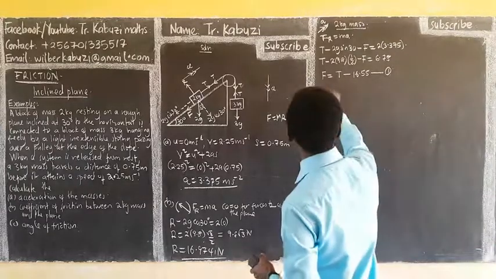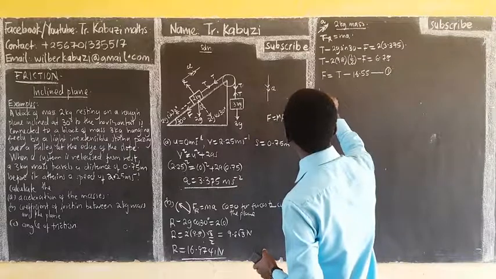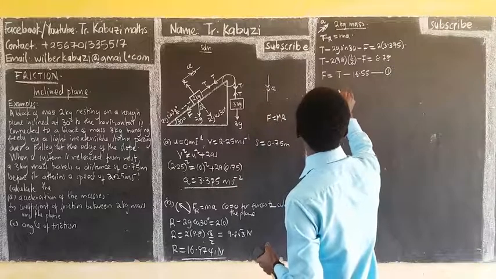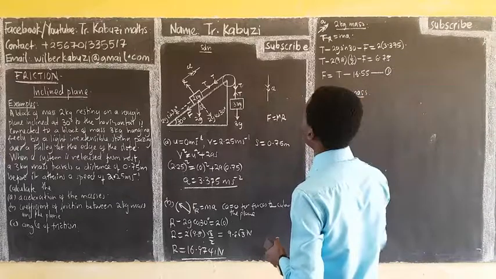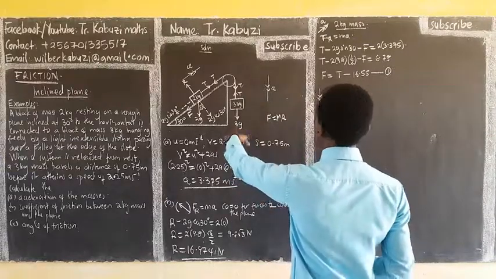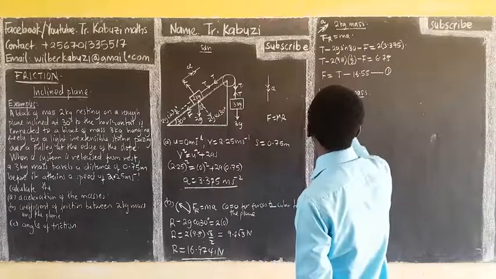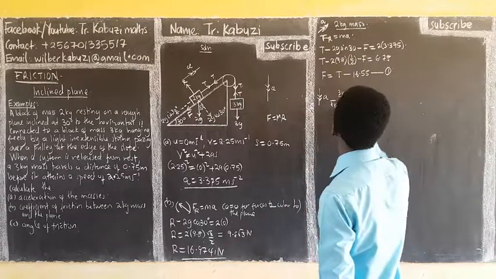Now let us resolve also our acceleration in this order there on the 3 kilogram mass. So it's what is pushing it down. You know that our Fr is going to be equal to mass times acceleration.